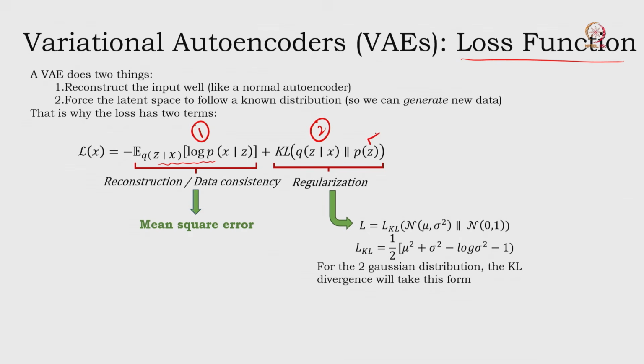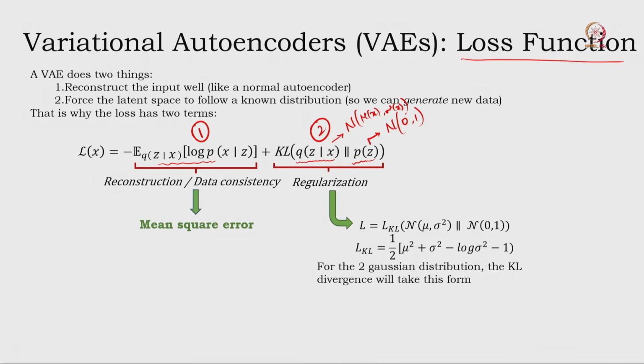What the KL divergence does is, here the latent Z is the latent space, and this is the probability distribution of the latent space, which we are assuming to be a normal distribution with mean 0 and variance 1, or standard deviation 1. From the input only we get the latent space, so the input is forced to take the Gaussian form, and the Gaussian has parameters mu of x and sigma squared of x.